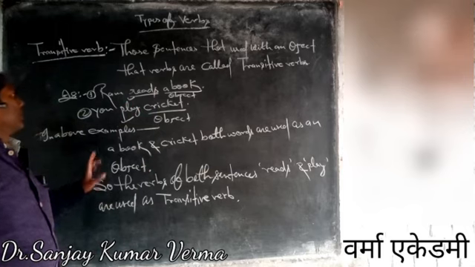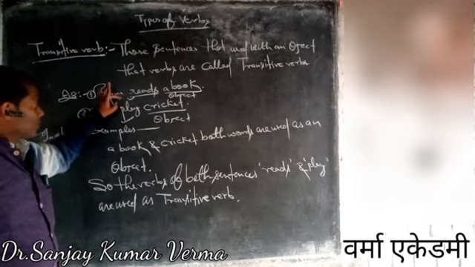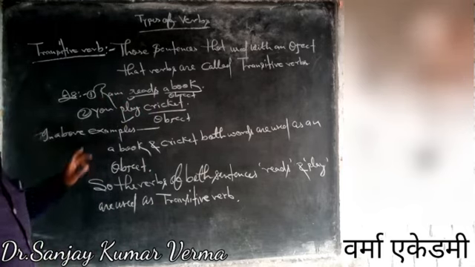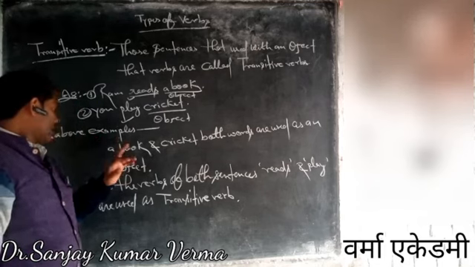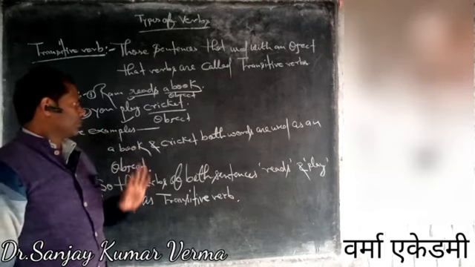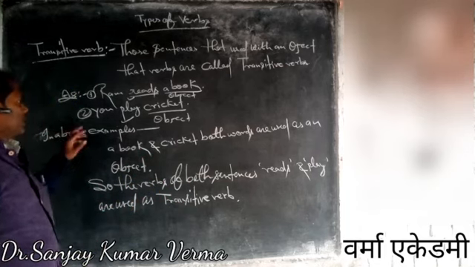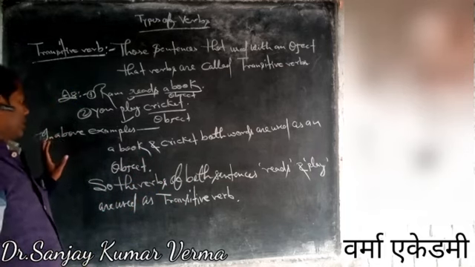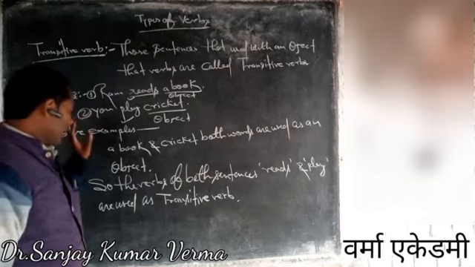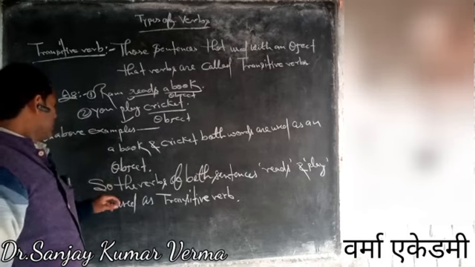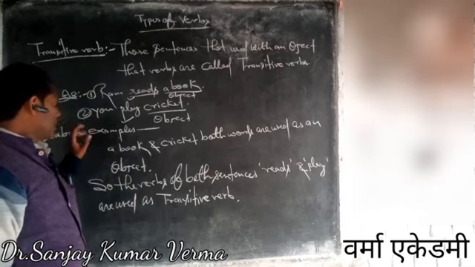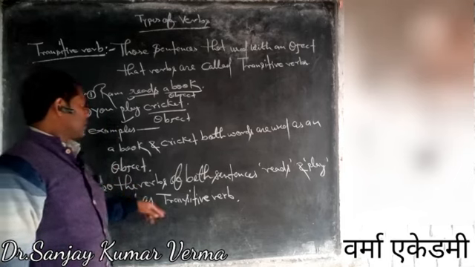So both verbs reads and play are called transitive verb, because these are used as transitive verb.